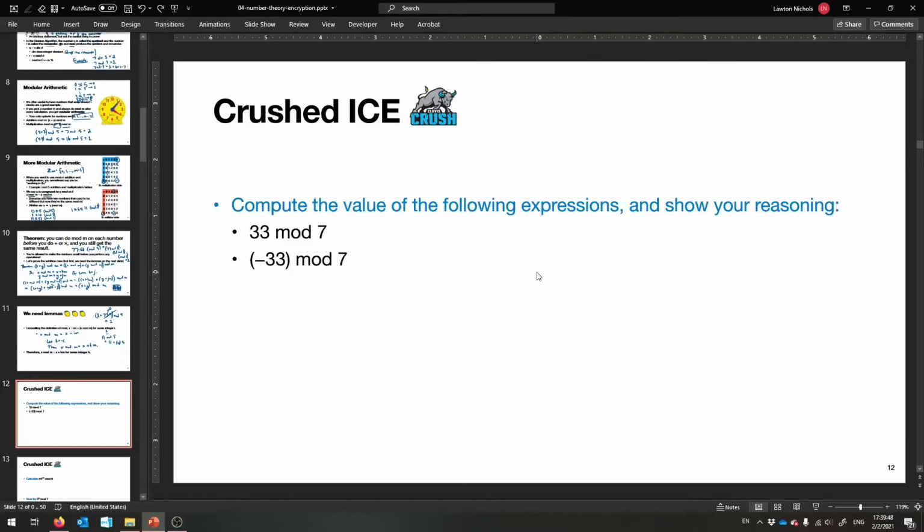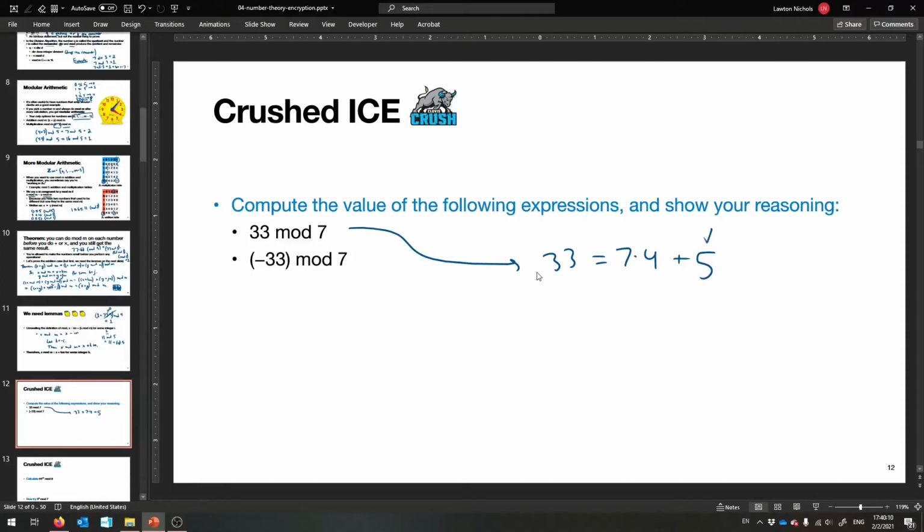33 mod 7. So, probably the easiest thing to do for this one is just divide by 7. Show that 33 equals, well, 7, 14, 21, 28, right? 28, which is 7 times 4 plus 29, 30, 31, 32, 33, plus 5. Okay?